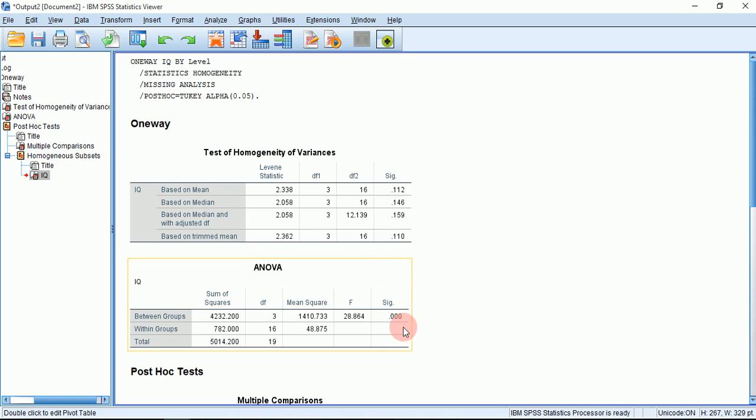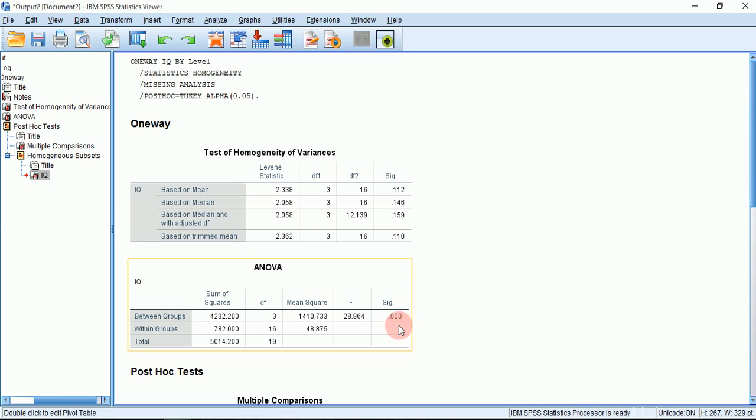What we find here, the significance value or p-value of the test is less than 0.05, which is actually 0.000. So we are rejecting the null hypothesis. As we are rejecting the null hypothesis, we are accepting the alternative hypothesis, and the alternative hypothesis says that the group means are different.